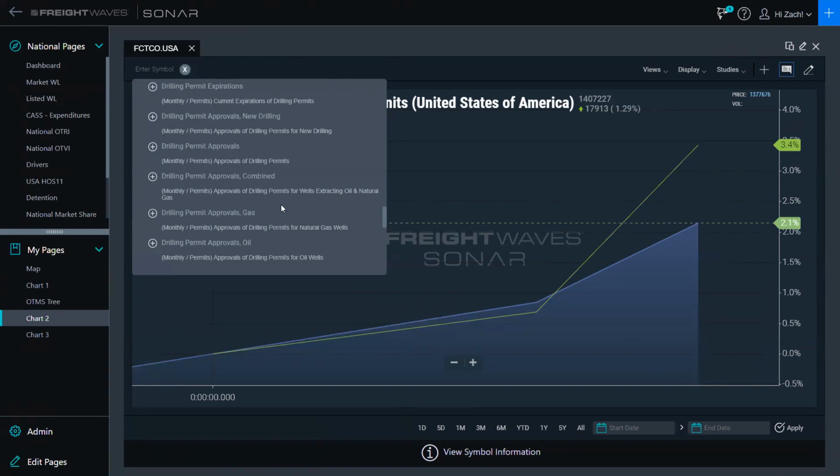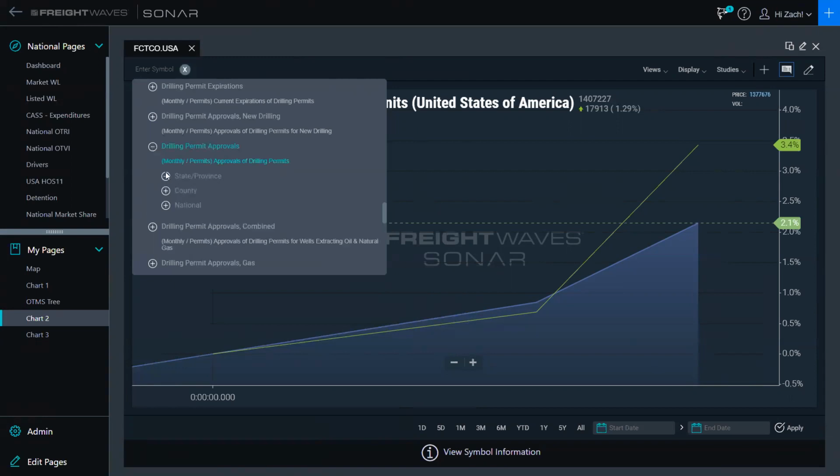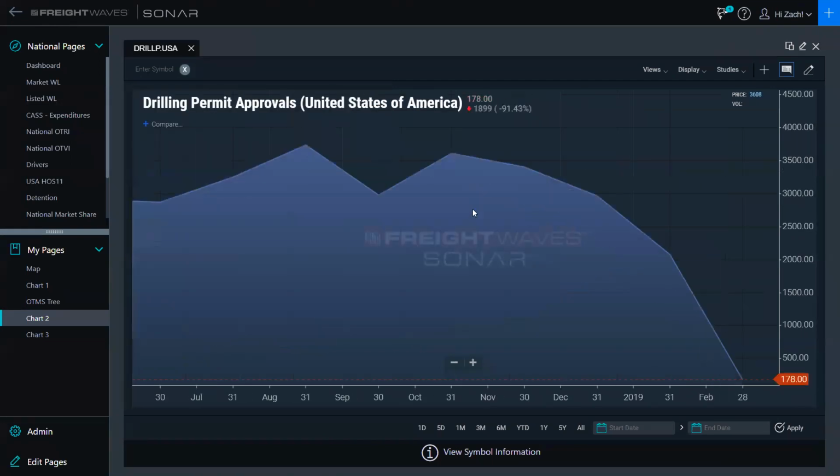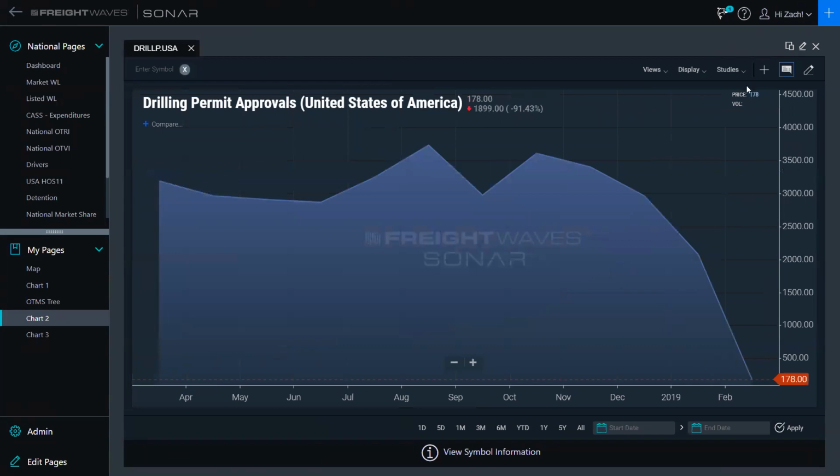But permits are basically a proxy for exactly how fast it's growing or if it's declining. I'll go ahead and pull up the national drill permits USA, and you can see the permits have actually come down over the last couple of weeks, which isn't that shocking to me, mainly because we have hit a point where the WTI, or the price of oil, is at a good point for people to just maintain.